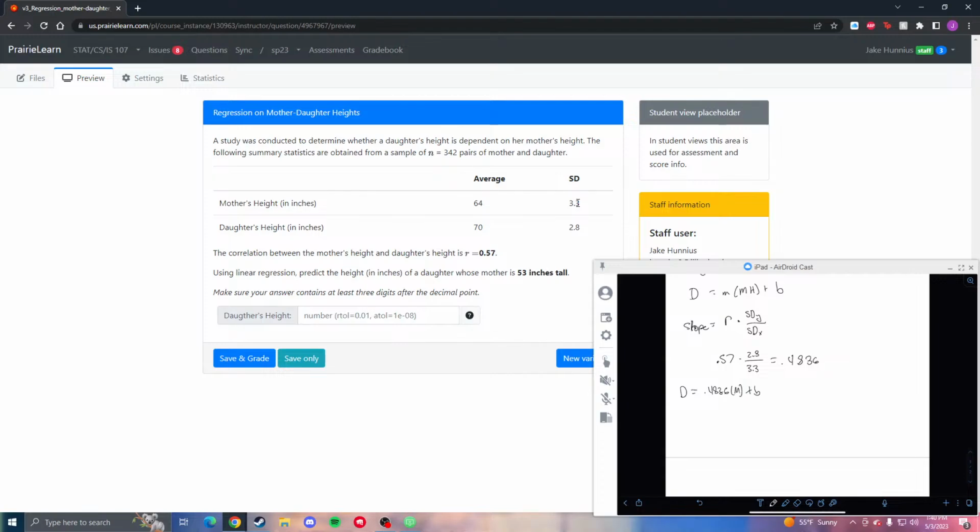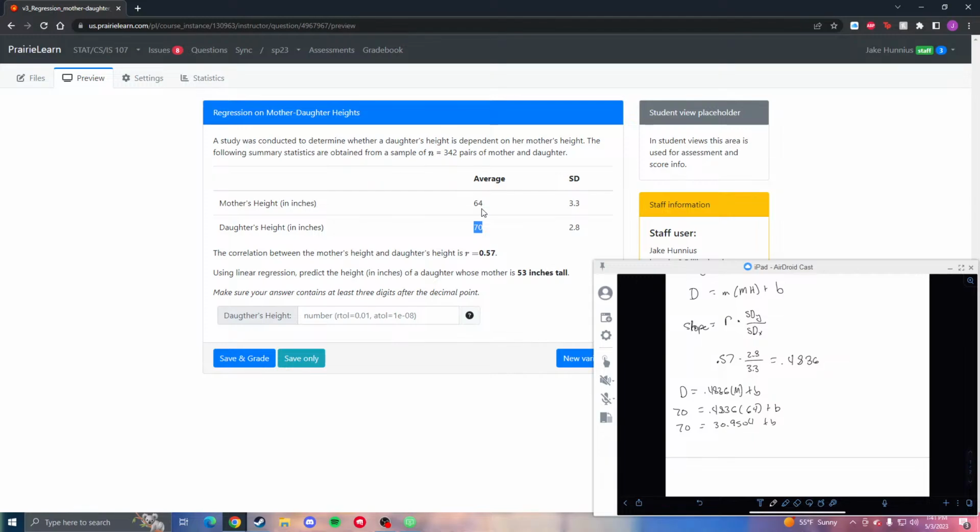But since we don't have our y-intercept, we're going to have to calculate that by using our averages. So it's going to be 70. We're plugging in our average daughter height, 70, is equal to 0.4836 times our average mother height of 64 plus b. And then we just need to solve for b. So 0.4836 times 64 gives us 30.9504.